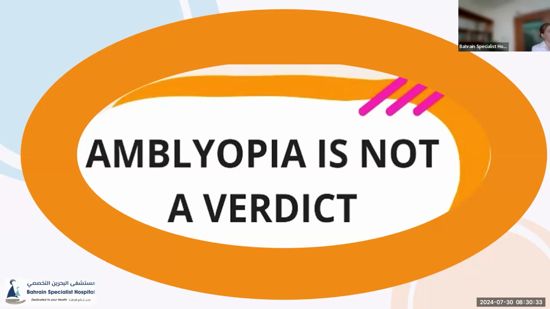I want to say that amblyopia is not a verdict. Early treatment, early elimination of the deprivation cause of amblyopia, and timely, correctly prescribed optical correction will help to avoid long-term problems with the child's vision.